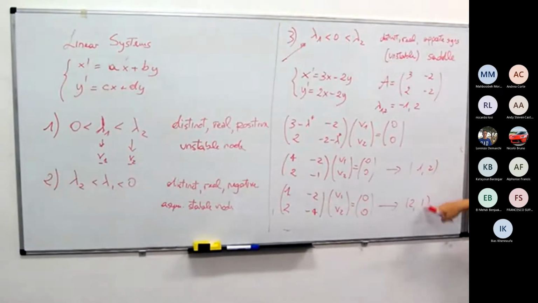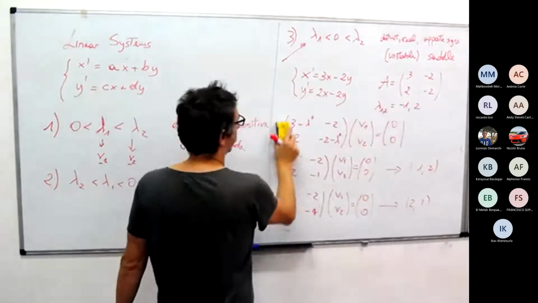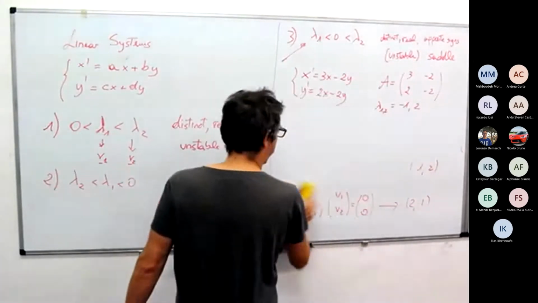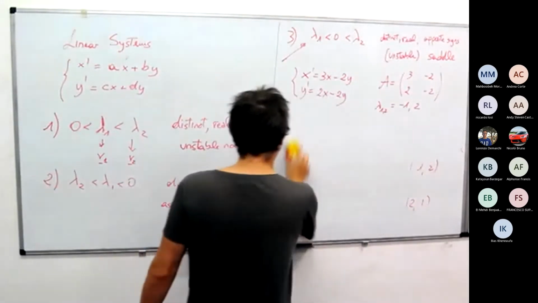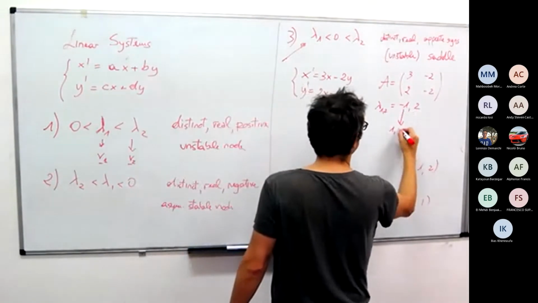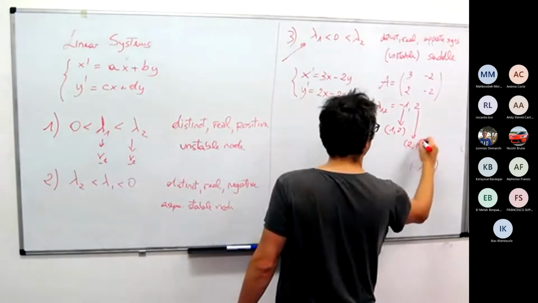The eigenvector corresponding to the eigenvalue 2 is 2, 1. This one corresponds to 1, 2, and this one corresponds to 2, 1.